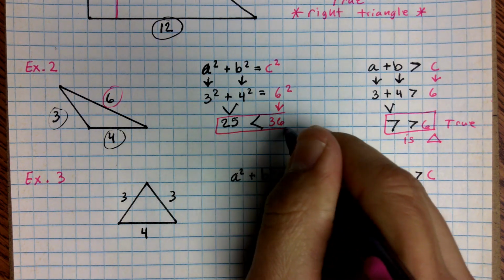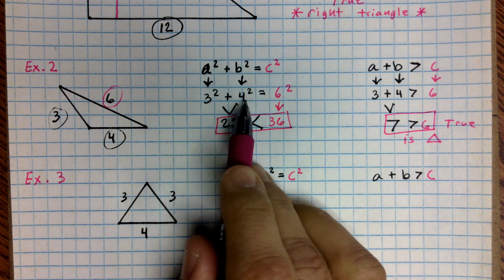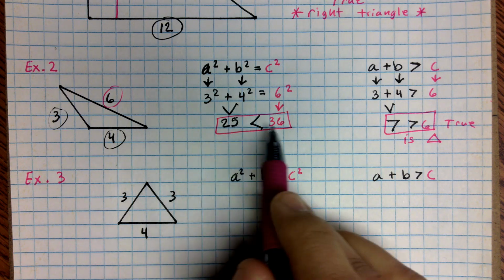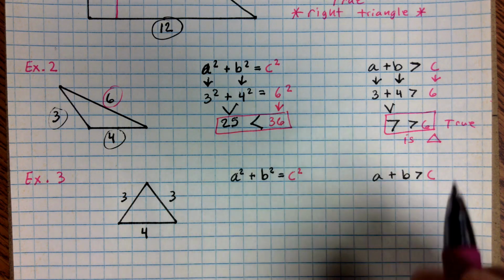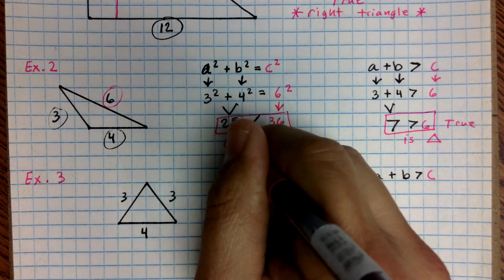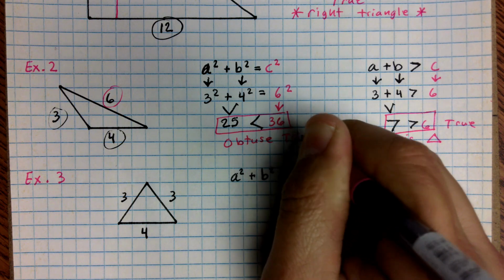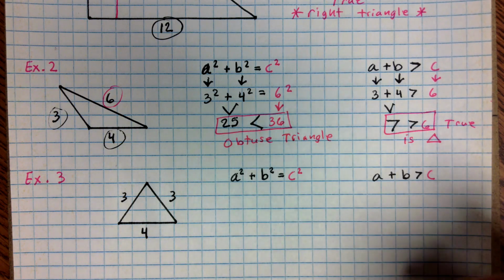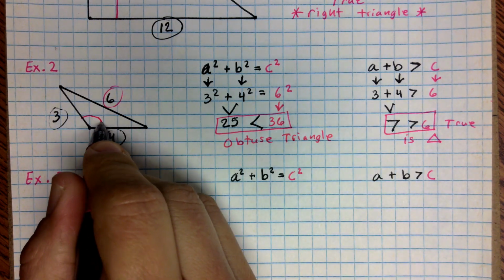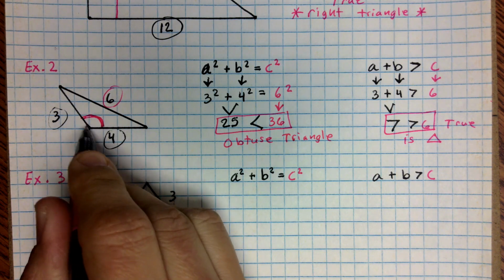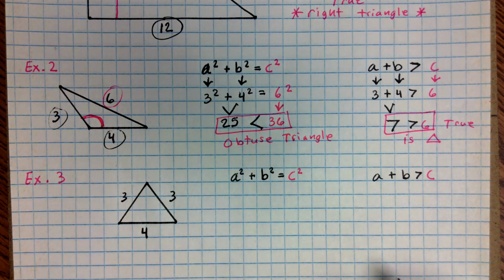Therefore, since the a value squared plus the b value squared is less than the c value squared, this is going to be an obtuse triangle. And notice the very wide angle we had right here. So this is an angle that's greater than 90 degrees.